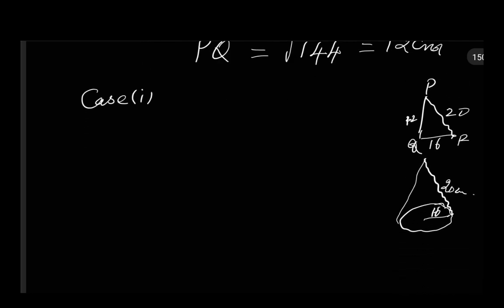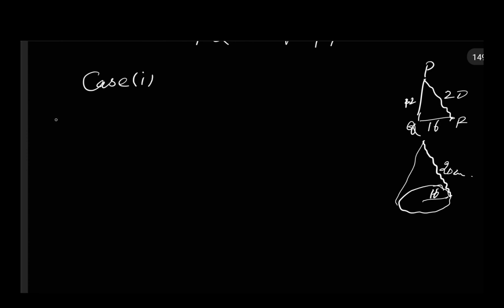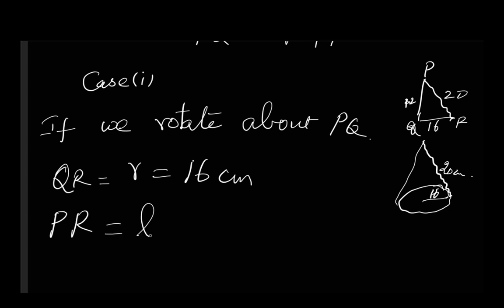So if we rotate about PQ, our radius is 16 centimeter, that is base QR, and PR is our L. L is equal to 20 centimeter.